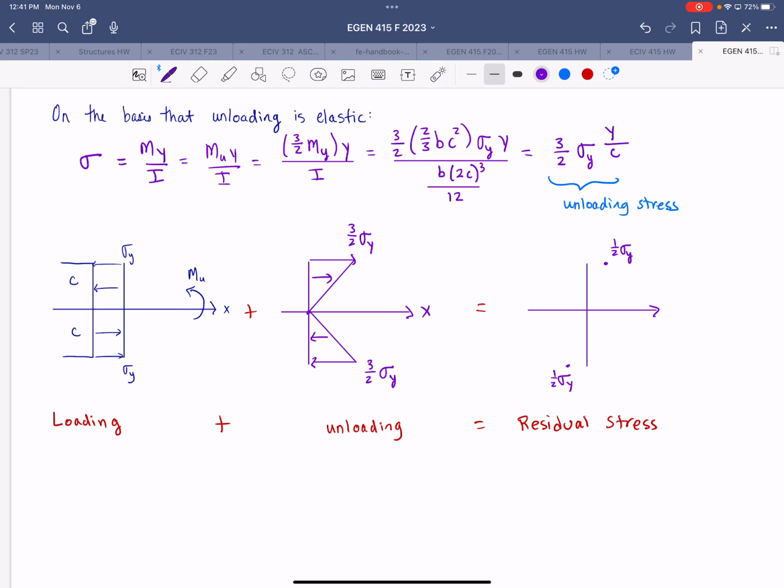And then at the neutral axis, we're going to have a stress of sigma y. This is clearly not to scale. It's going to look something like this.